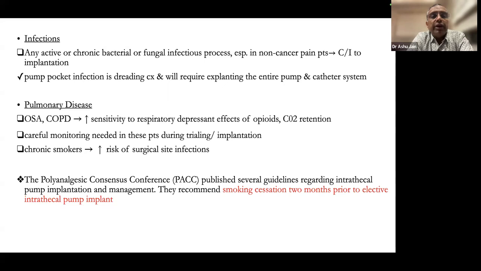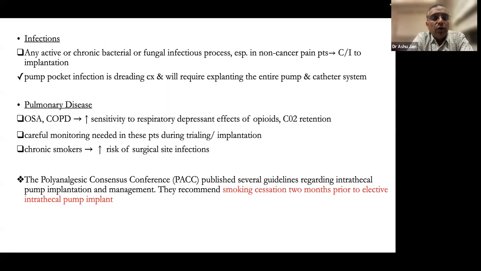So with any active and chronic bacterial or fungal infections, you can't do this. Then, as I told you, pump pocket infection is deadly. You have to explant the entire pump with the catheter system and make the patient infection free before trying it from the other side. Then if the patient has other diseases with sensitivity to the depressant effects of opioids and CO2 retention, but as I told you, the doses are so small, this should be a relative contraindication.